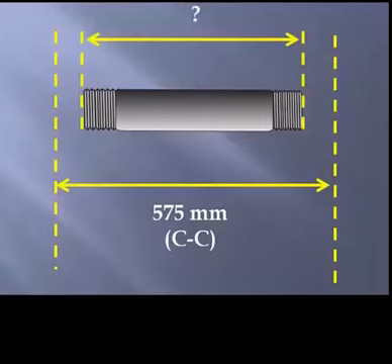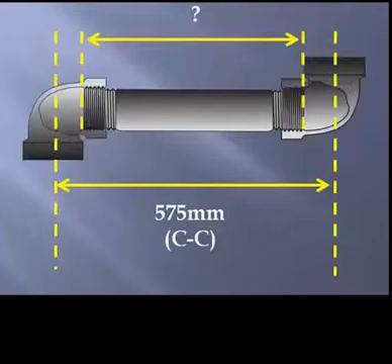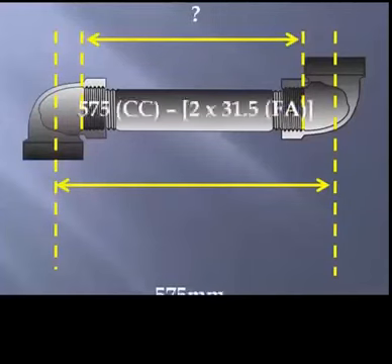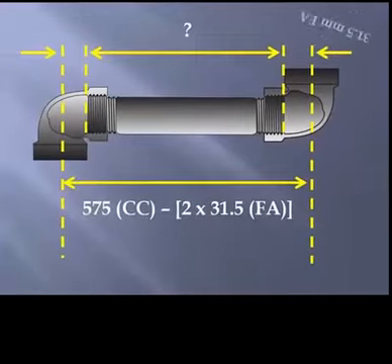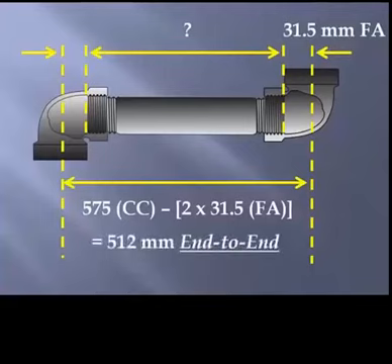Having just calculated a 31.5 millimeter fitting allowance on 40 mil 90s, that means we'll subtract two fitting allowances from the 575 center-to-center measurement. So 575 millimeters minus 63 millimeters, remember we have a fitting allowance at each fitting, would result in a 512 millimeter end-to-end measurement.